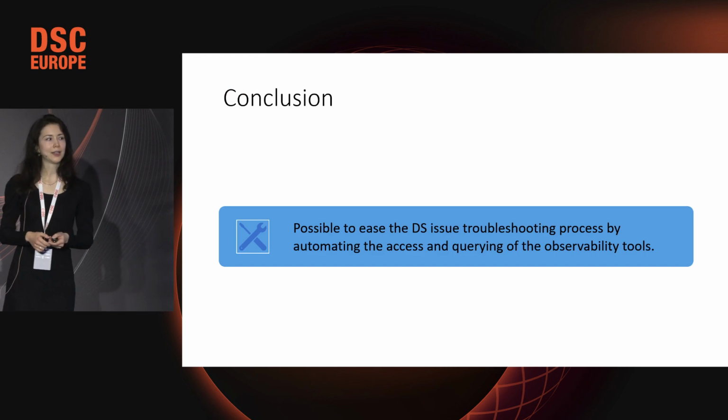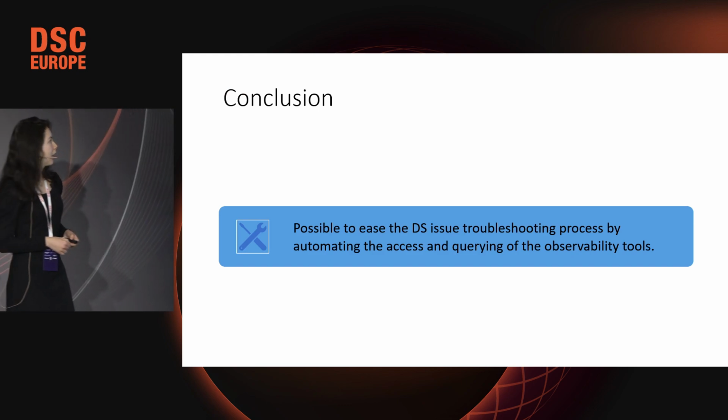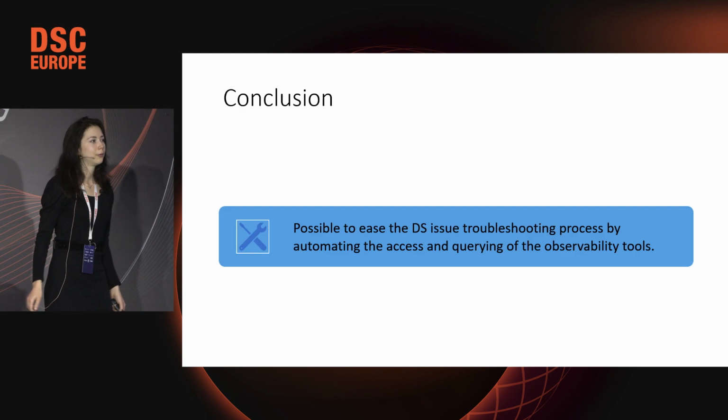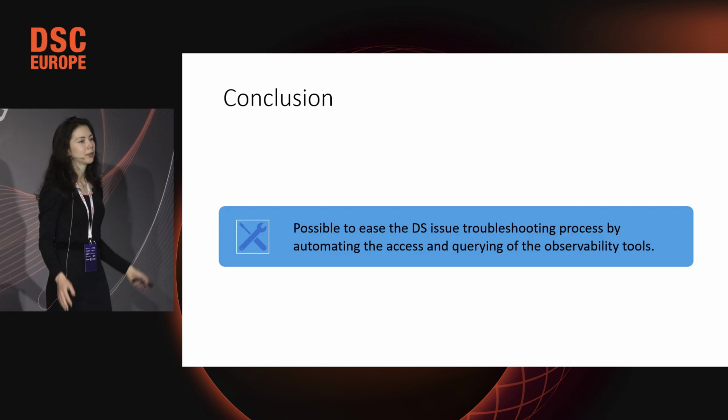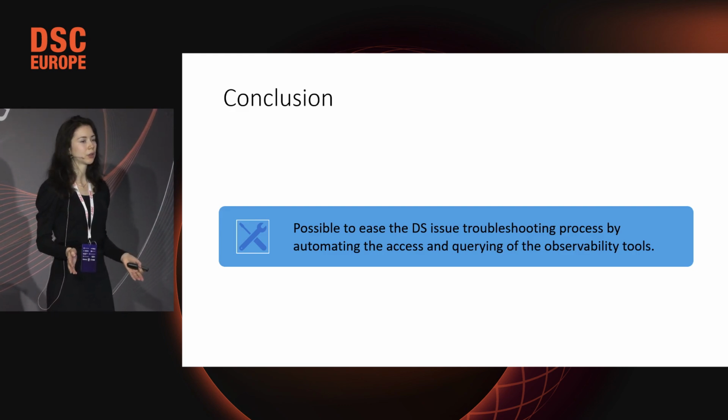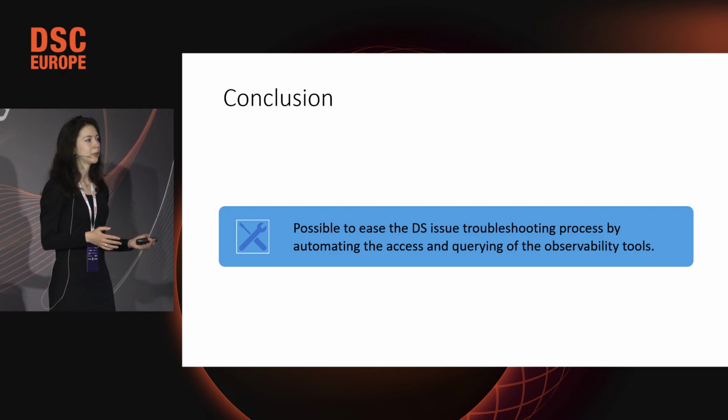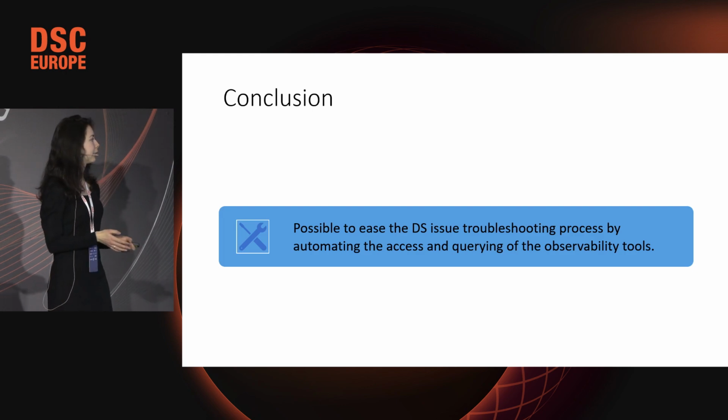So finally, our conclusions. As you can see, we can avoid that mundane process: if you run API services and store information in different telemetry providers or observability tools, you can simplify the process of troubleshooting and debugging issues by automating the access and querying of observability tools.